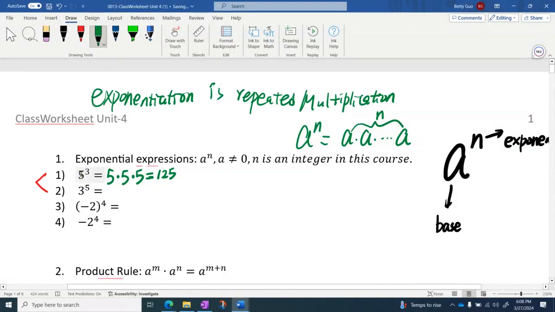They do both involve the two numbers 3 and 5, but the role the number plays is different. Please give the second question a try and tell me what 3 to the power of 5 means. 3 is the base. The exponent is 5. We describe this expression as 3 raised to the 5th power.